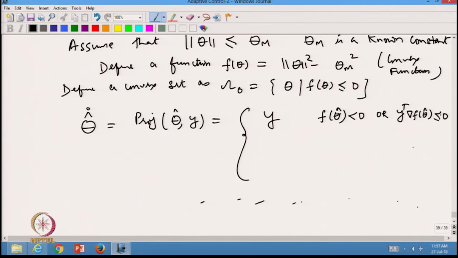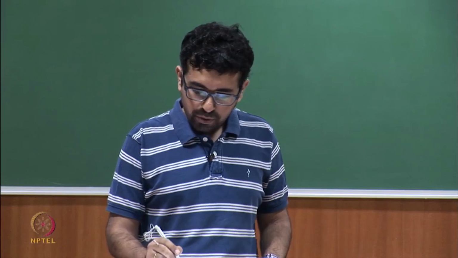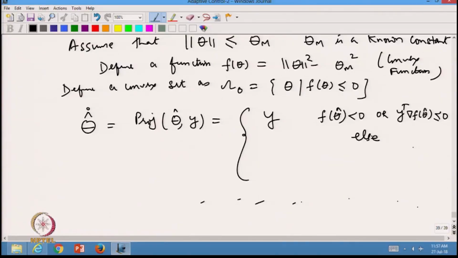If this condition is true, then we use the unmodified adaptive law. In the case that this condition is not true, we have the else case where we modify this law like this.